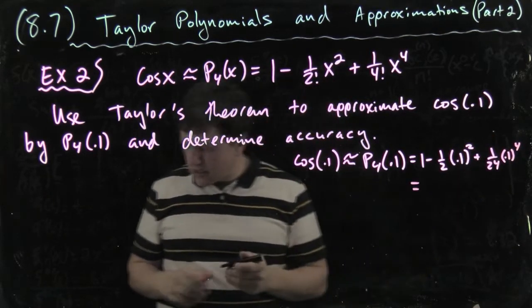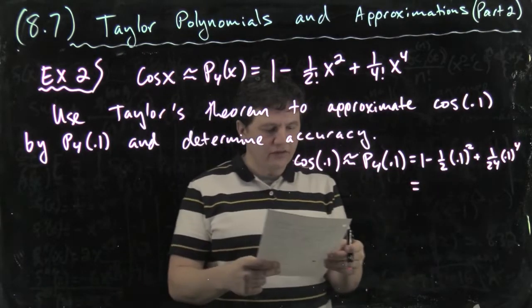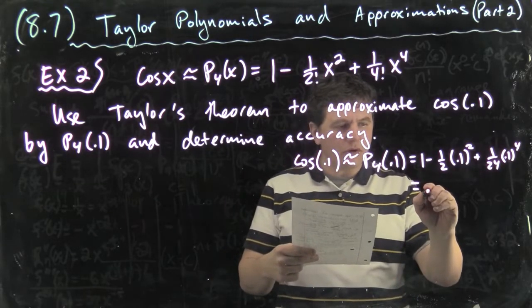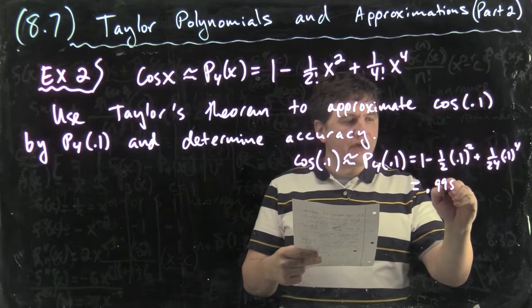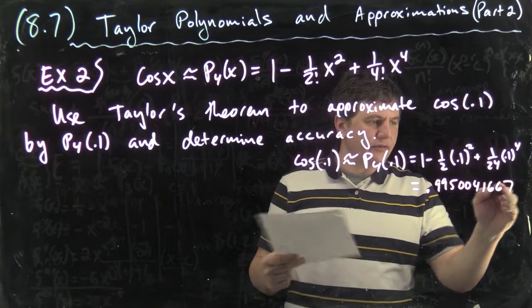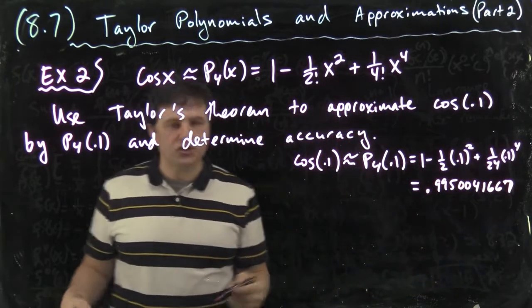By the way, you want to do a few decimals here, because this error is going to be so small. To actually see what's happening, we have to go kind of small here. So this will be 0.99500416667. I did the whole decimal that it showed there.